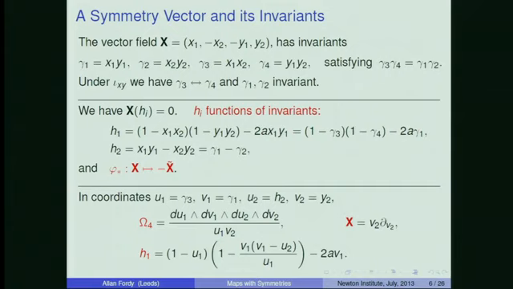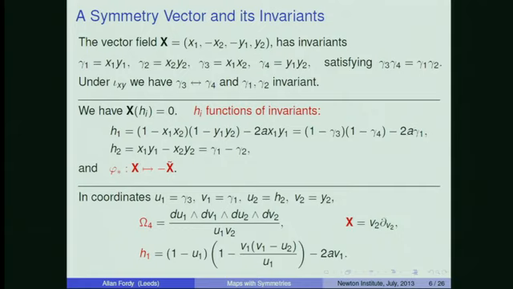If you just choose nice coordinates, nice coordinates are going to be these invariants, because H1 and H2 are written in terms of these invariants. So we choose a couple of these. H2 is built out of the invariants, so we choose u2 as being H2. And one of them has to be non-invariant, right? So we choose y2.